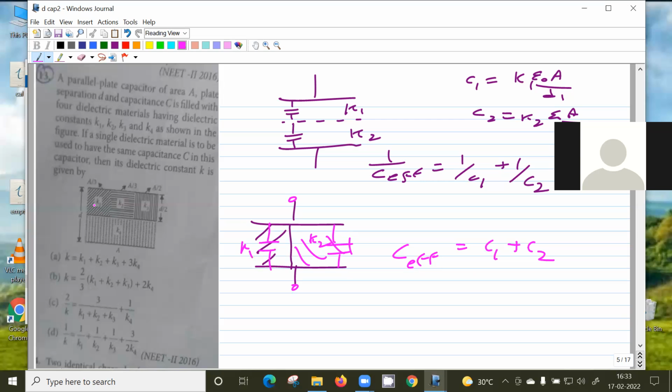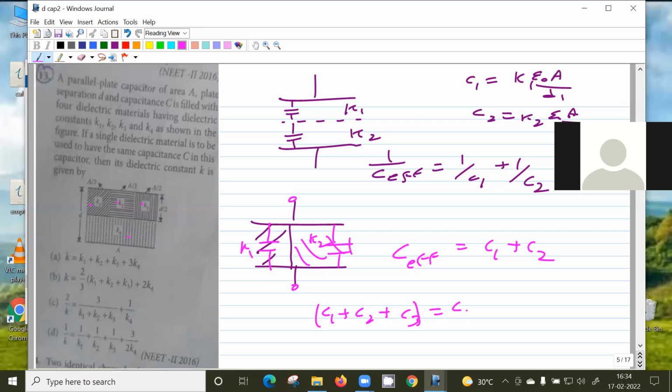Similarly here, if you call these C1, C2, C3, and this is C4, then C1, C2, C3 are in parallel, and that combination is in series with C4. First I find these three in parallel, so C1 plus C2 plus C3.